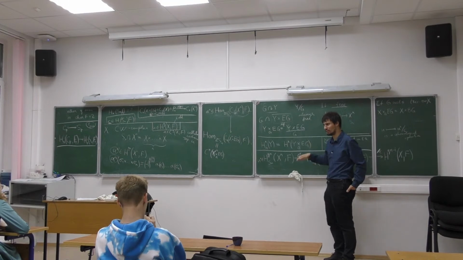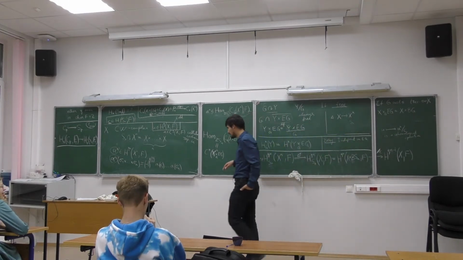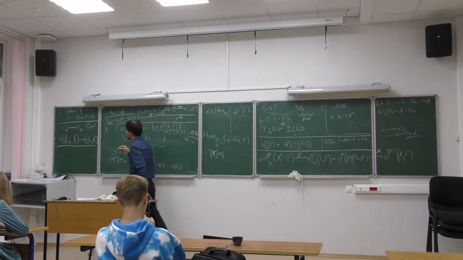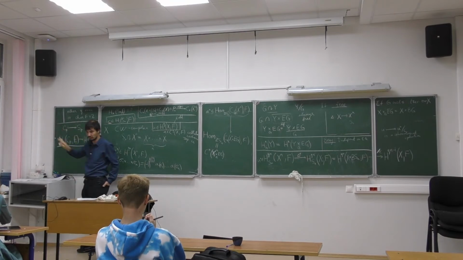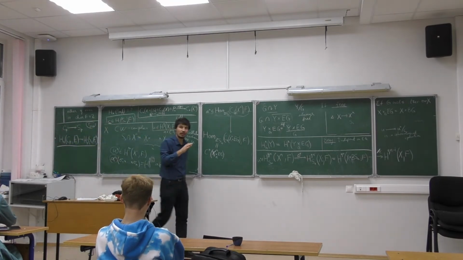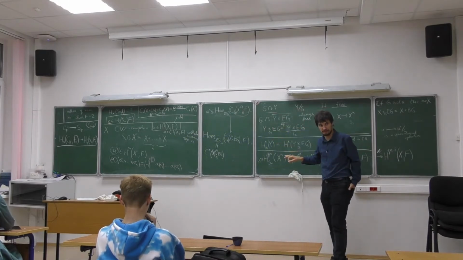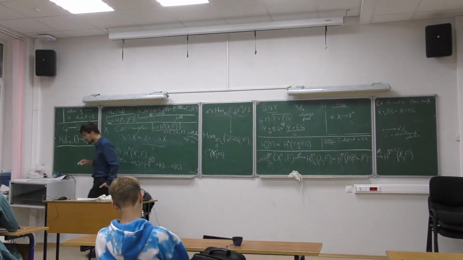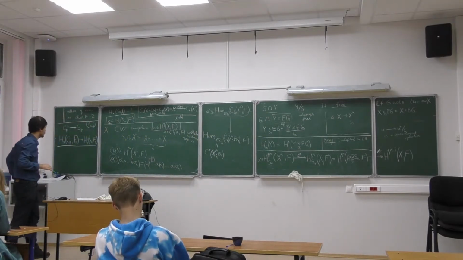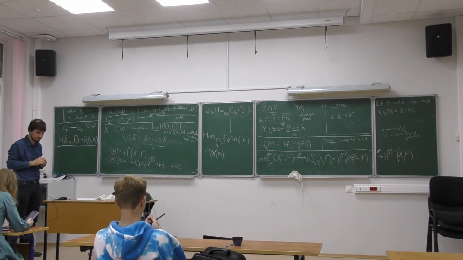I don't want to go into details with twisted coefficients now, but this is not an important restriction. Without this restriction, we just need to apply more technique, but still everything can be done. At the moment, let us assume that our class is even dimensional, P is prime, and everything like that.